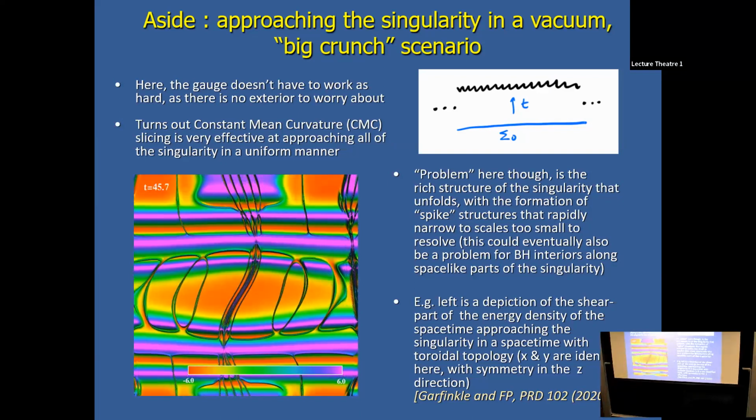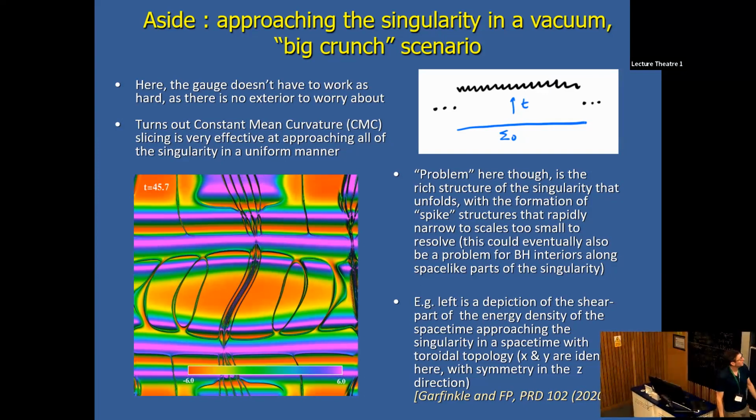So what do we see? What is this function? Is this a Gowdy spacetime? Yeah, so in some sense each point is Kasner-like. Okay, but what does this depict? So one picture, time equals 45.7. It's one scalar valued function.